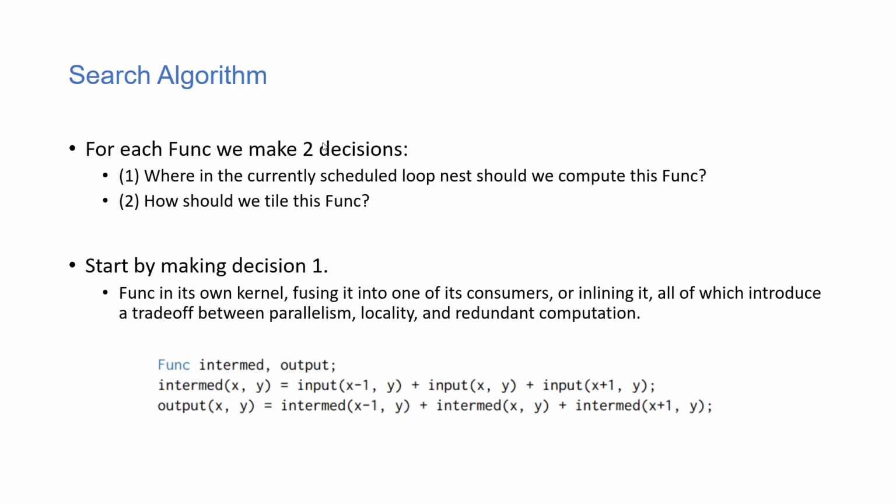The author mentions two decisions to take regarding the schedule. One of them is where you compute the func, and then you go to the tiling. I don't remember he mentioned why that order was important. Why, let's say, you don't tile first and then decide where to compute.